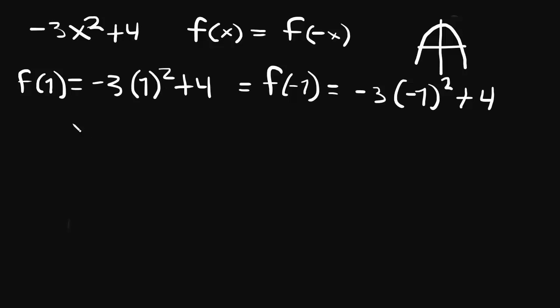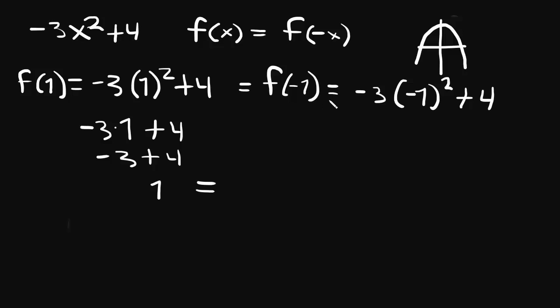And when we actually crunch the numbers, negative 3 times 1 squared is negative 3 times 1, plus 4. Negative 3 times 1 is negative 3 plus 4, which is 4 minus 3, which is equal to 1.